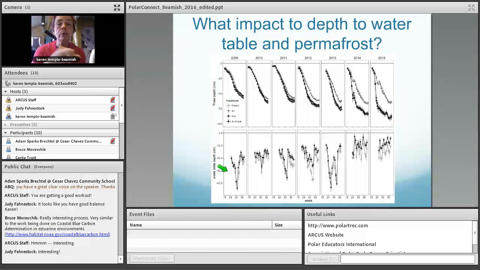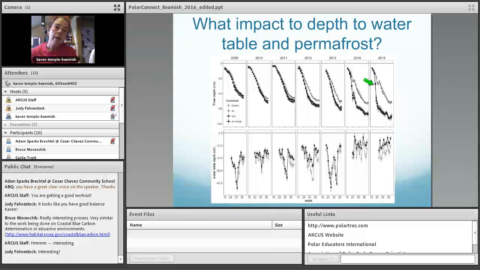But as you move to the right, at 2015, you can see that the depth to the permafrost has increased quite dramatically compared to the control site.